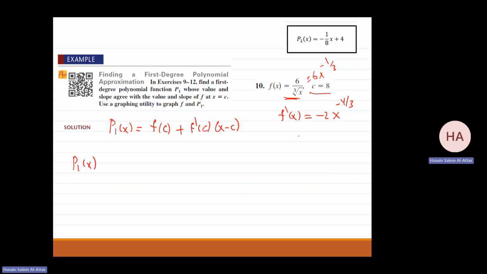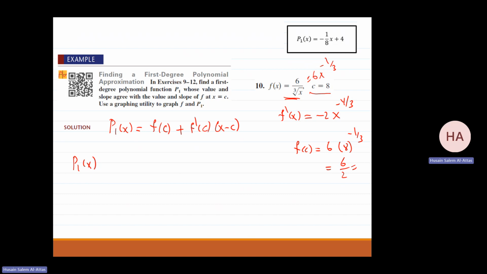So what is f of c? f of c will be 6 times 8 to the power minus 1 over 3. Cube root of 8 in the denominator, 6 over 2, that will be 3. Cube root of 8, this is 2.